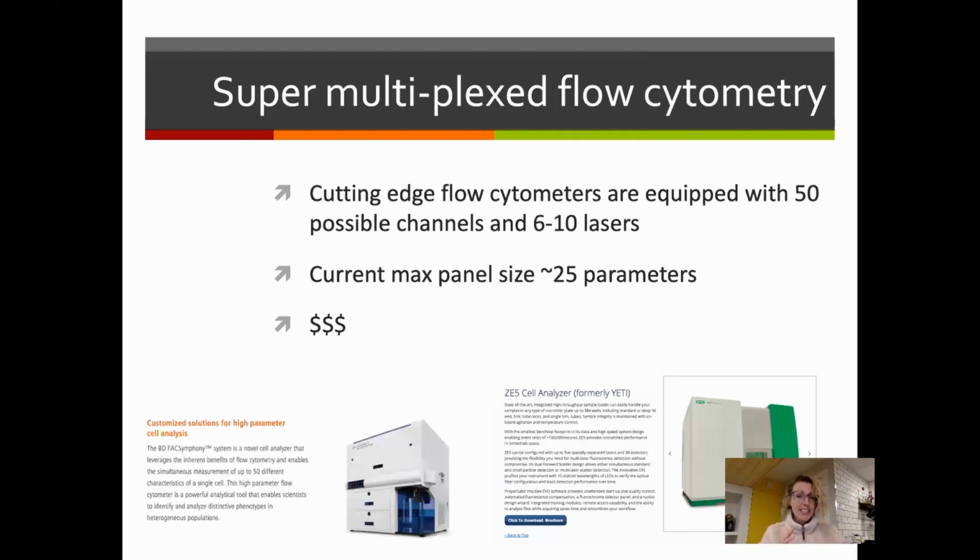Now this is changing a little bit. We have some cutting edge new cytometers that have 50 possible channels and are equipped with 6 to 10 lasers. However, even though they have a lot of channels, the current maximum panel size is about 25, and these instruments are extremely expensive just because of the sheer number of lasers that are present.